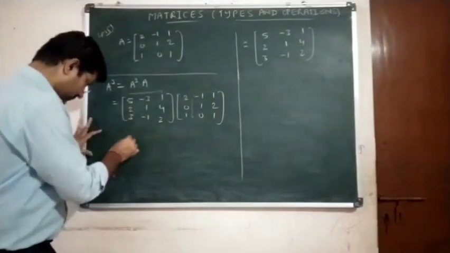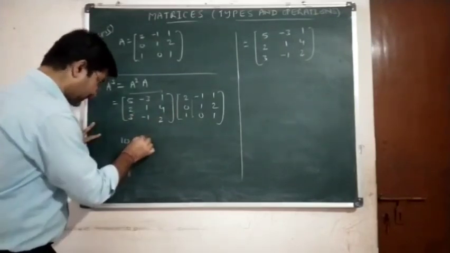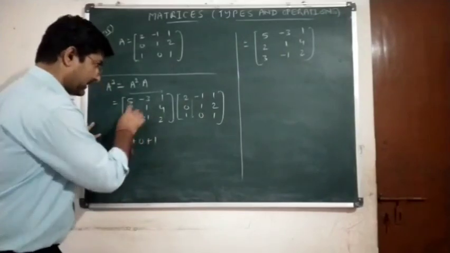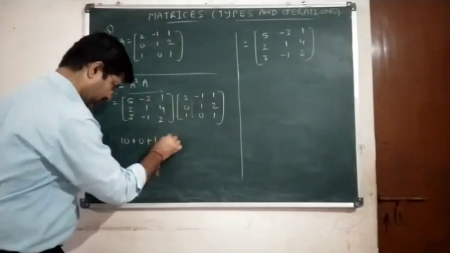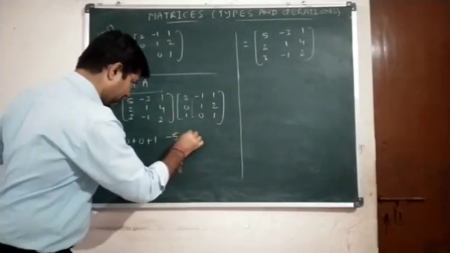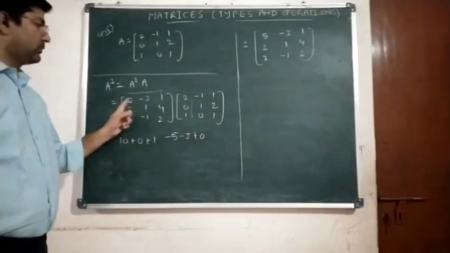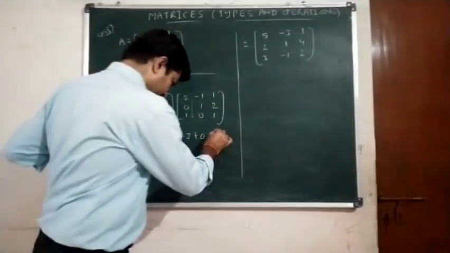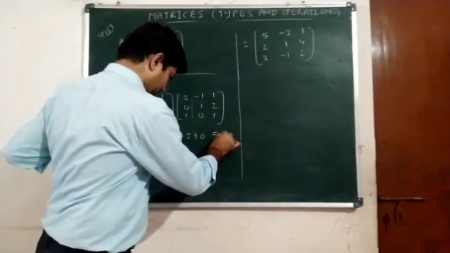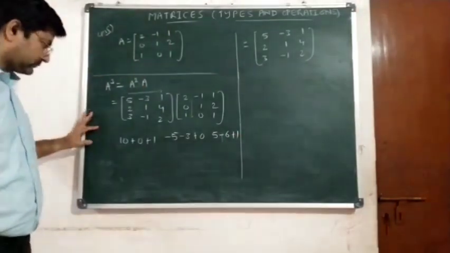Okay, so 5 2s are 10 plus minus 3 into 0 plus 1 1s are 1. Again with the second column, 5 into minus 1 is minus 5, minus 3 1s are minus 3, plus 1 into 0 is 0. With the third column, 5 1s are 5, minus 3 2s are minus 6 and 1 1s are 1.